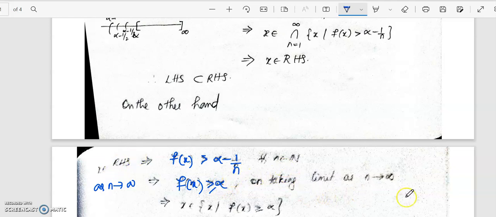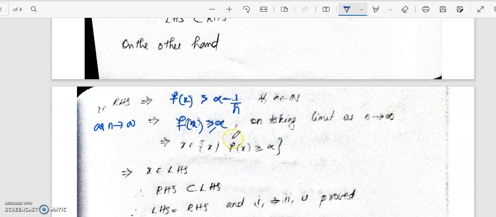So if x belongs to RHS, then x will be such that f of x is greater than or equal to alpha. So that implies x belongs to the set of all x such that f of x greater than or equal to alpha. So therefore we can now say that RHS is contained in LHS.